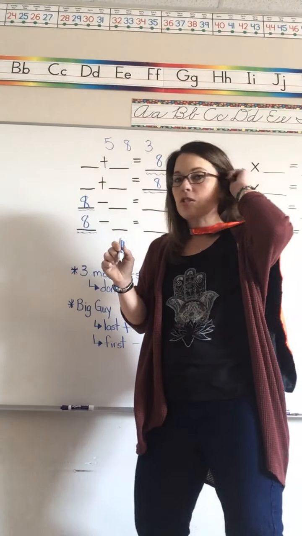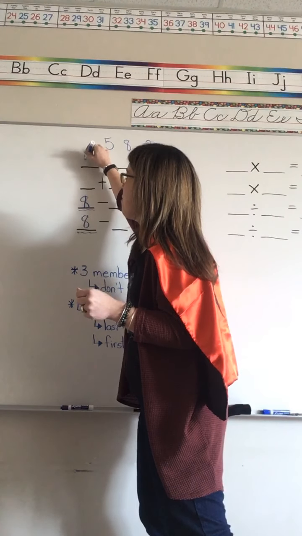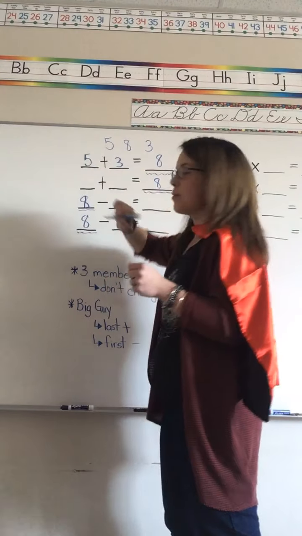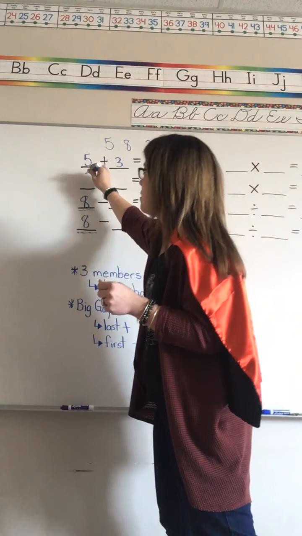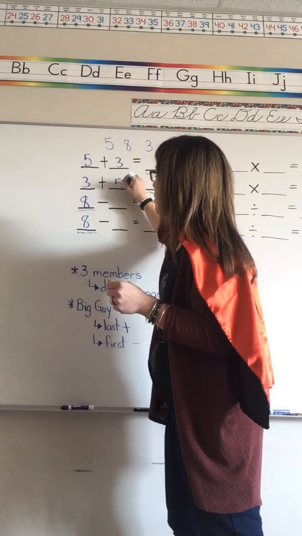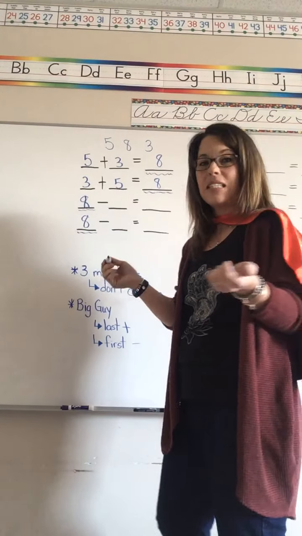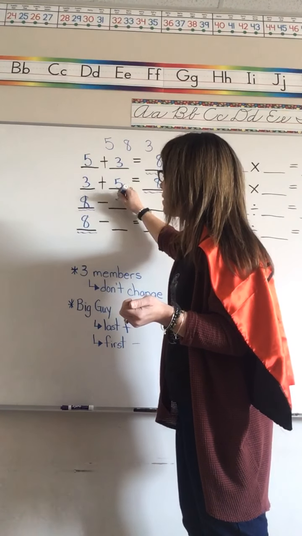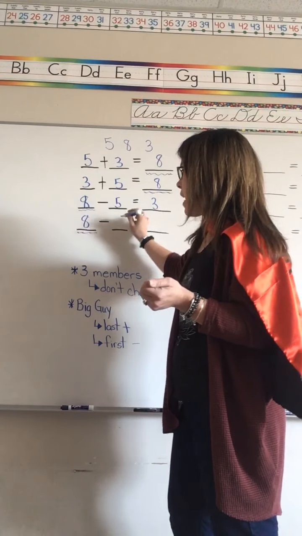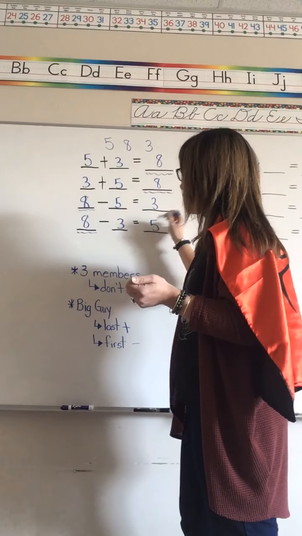Then we switch our equations around for the other 2. So 5 plus 3 equals 8, and 3 plus 5 equals 8. Then, when we subtract, same thing, easy peasy. 8 minus 5 equals 3, and 8 minus 3 equals 5.